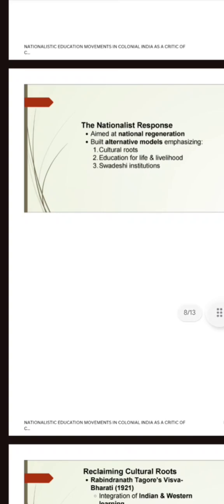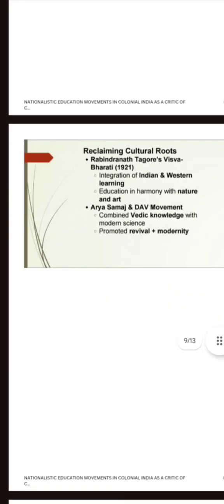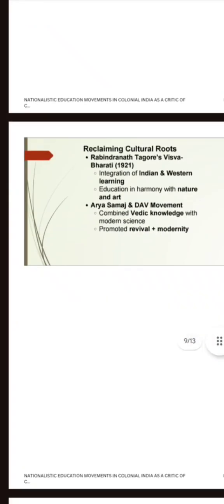Nationalist leaders and organizations began to establish their own schools and universities to reclaim education as a tool of freedom, not subordination. They emphasized indigenous languages, cultural pride, and practical learning.